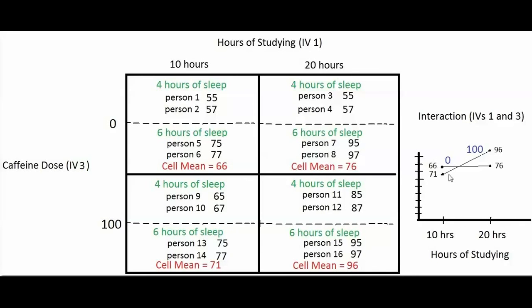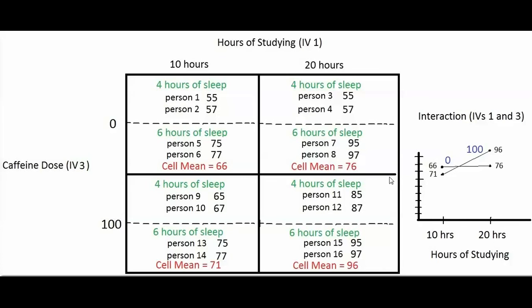Because it looks like with 100 milligrams of caffeine, studying 20 hours really helps you. The mean goes up by, it looks like, 25 actually, but it doesn't when you don't have caffeine. The mean only goes up by 10 in the 20-hour condition. It goes up from 66 to 76, which isn't as big of an effect of studying.